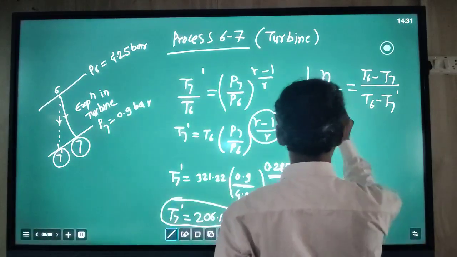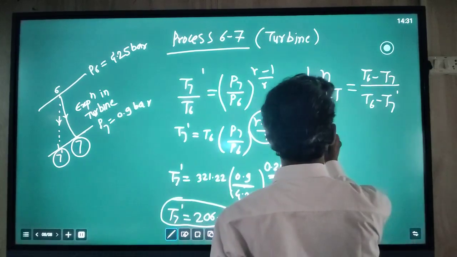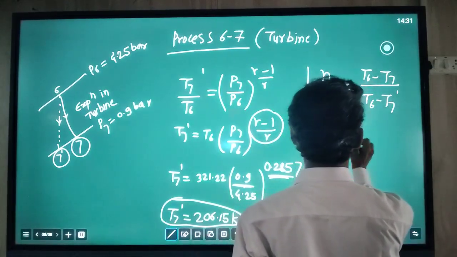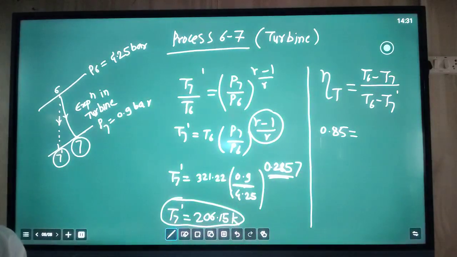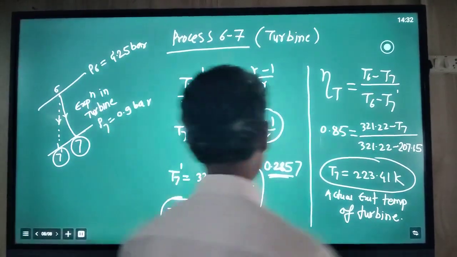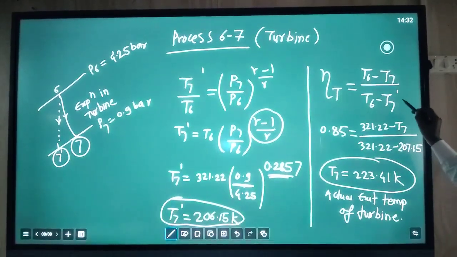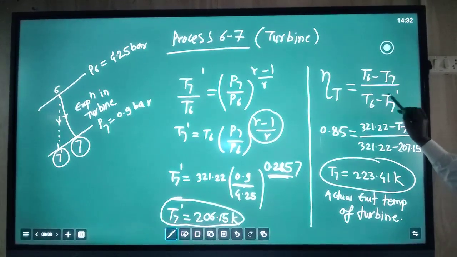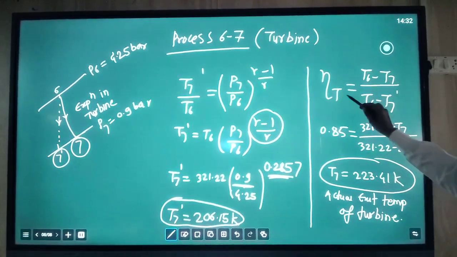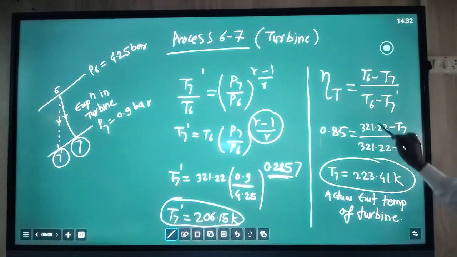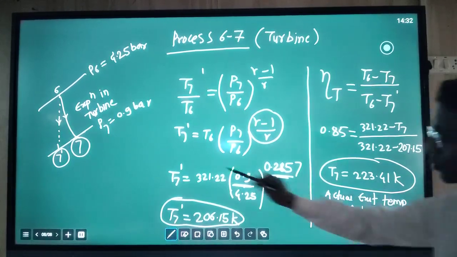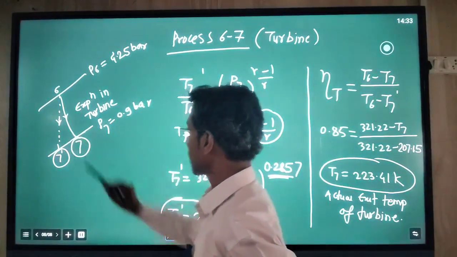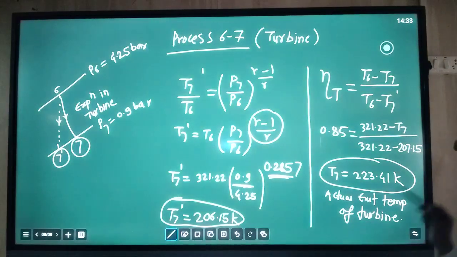Here the turbine efficiency is given as 85%, so 0.85, and T6 and T7 dash are already calculated. So we put in the value of T7 dash, the T6 value from the last step, and the turbine efficiency of 0.85. Putting all these values in, we get the unknown value T7. This is point 7 on the actual line, the actual exit temperature of the turbine.